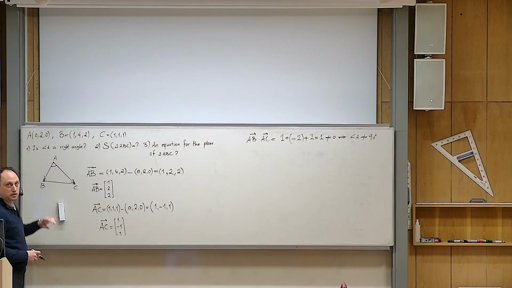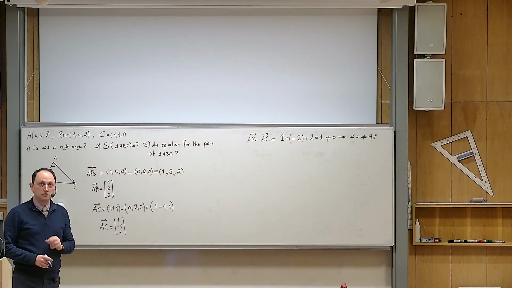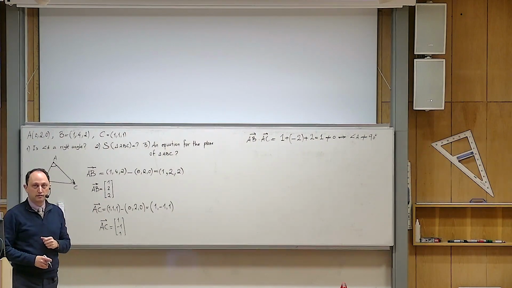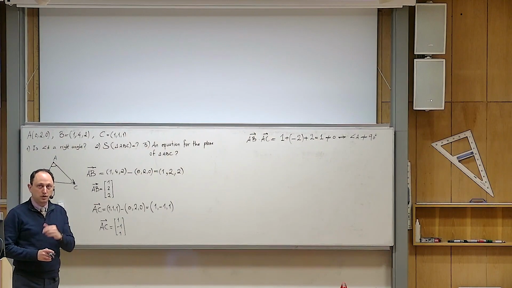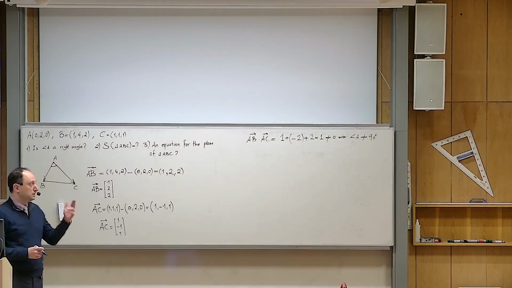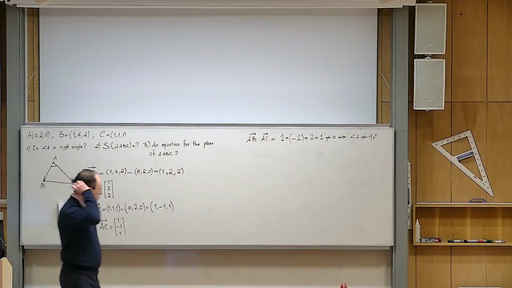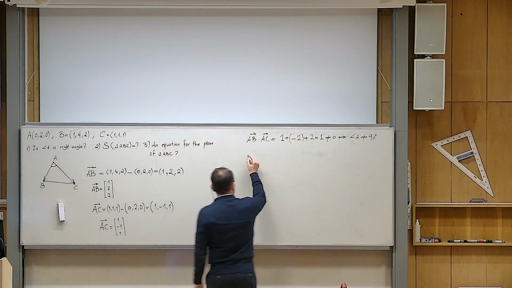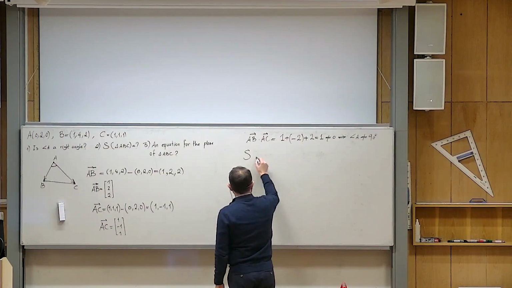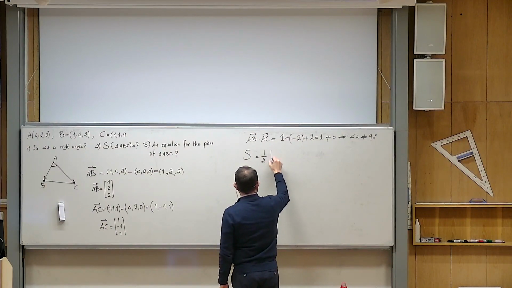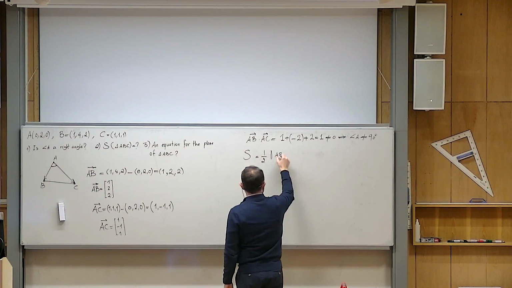I cross product these two vectors. It of course becomes a new vector. Then I calculate the norm or the length of that vector. The number that you get is exactly equal to the surface area of my triangle. So the surface area is equal to 1/2 the norm of this cross product.